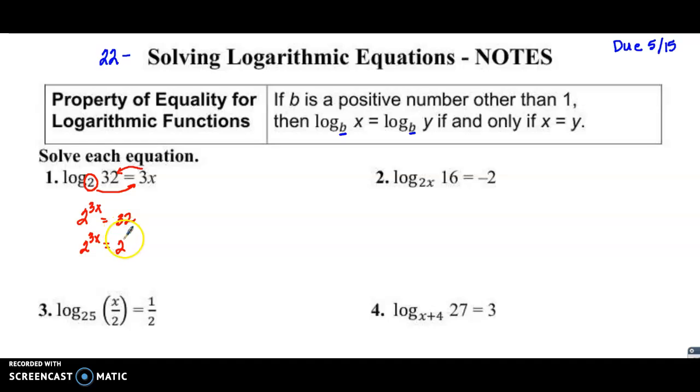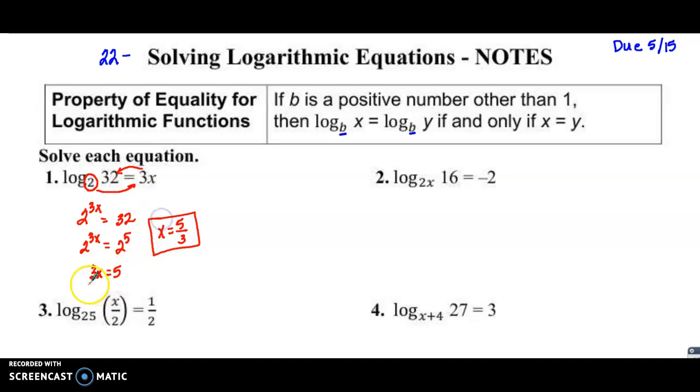Well, we know that 2 is raised to the 5th power to get to 32, because 2 times 2 is 4, times 2 is 8, times 2 is 16, times 2 is 32. And so that's 5 2's. So once our bases are the same, we know our exponents are the same, so our 3x must equal 5. Therefore, x is equal to 5 divided by 3.